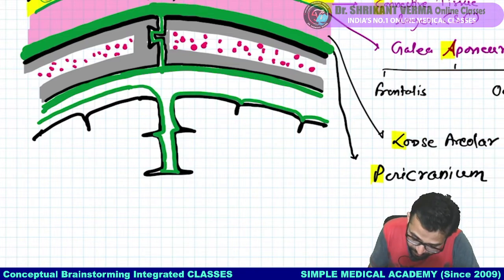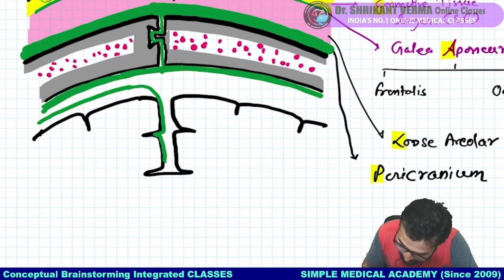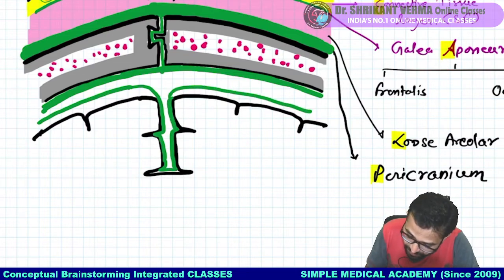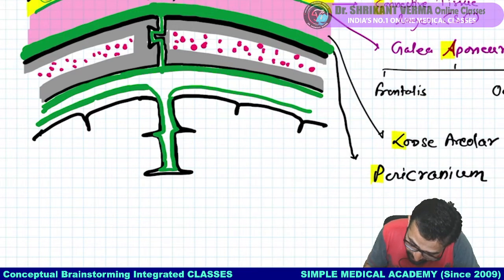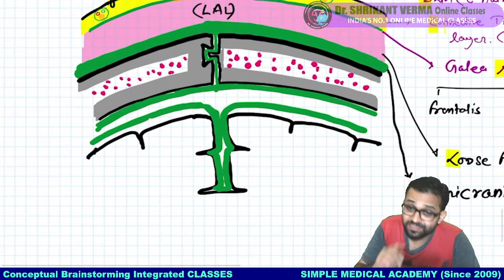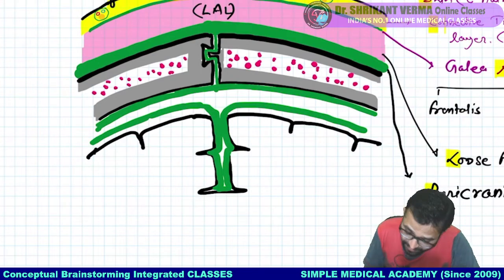Or in a better way, fine. So these are the two layers of the dura mater, and in upcoming classes I will teach you that within this fold of the dura mater there is a vein.